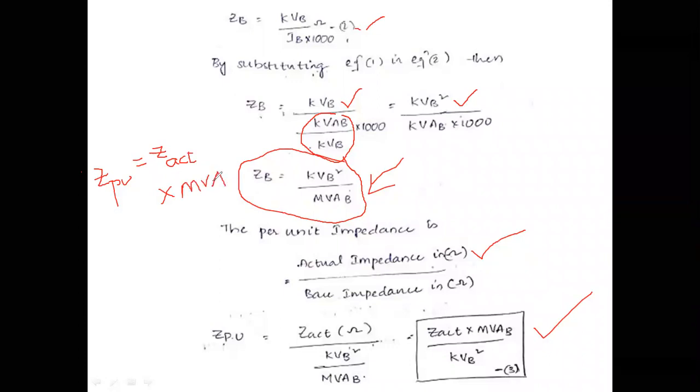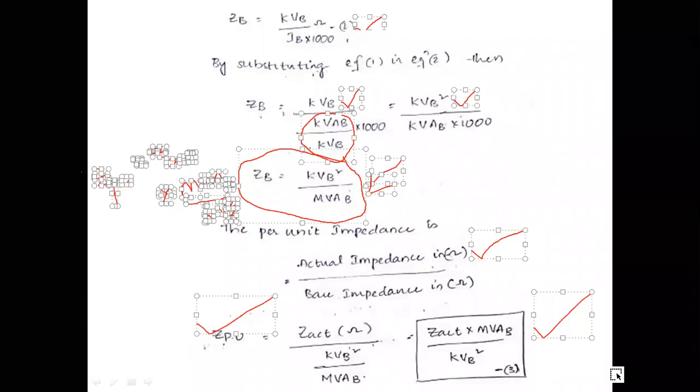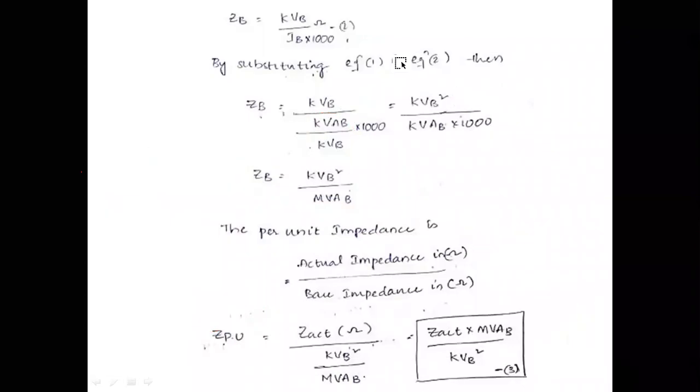Please make a note. Whenever I say something is important, it means you need to focus more and make a note on that particular point, right? So Z per unit is equal to Z actual multiplied by MVA base divided by kV base whole square. This is the expression for determining the per unit value of the system.